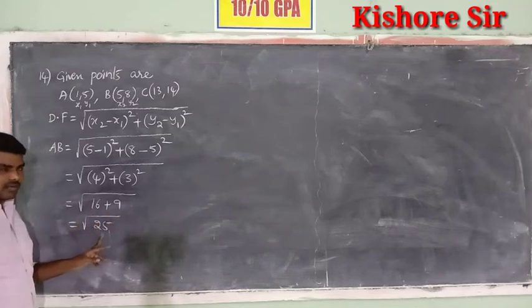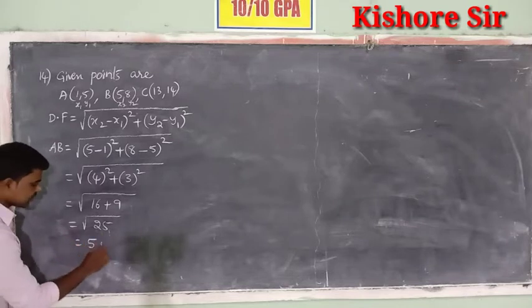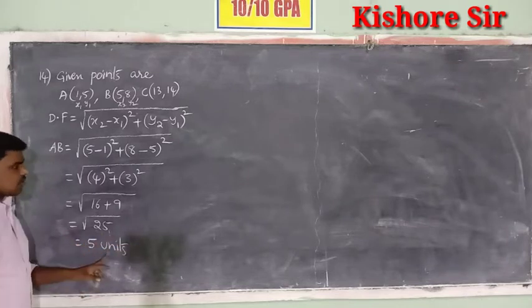Root 25 is 5. So the distance between A and B is 5 units.